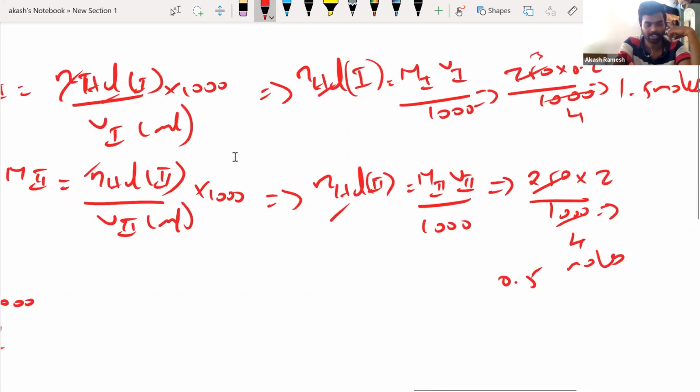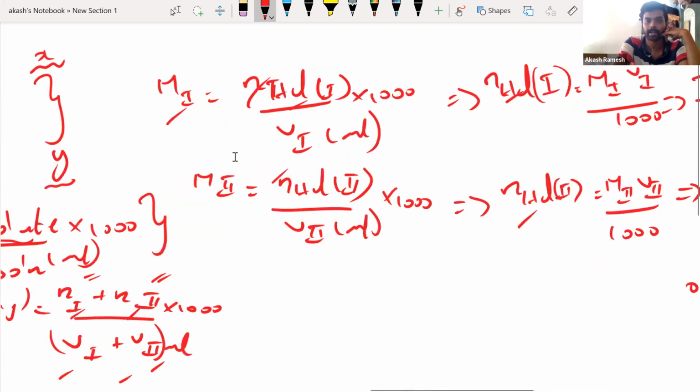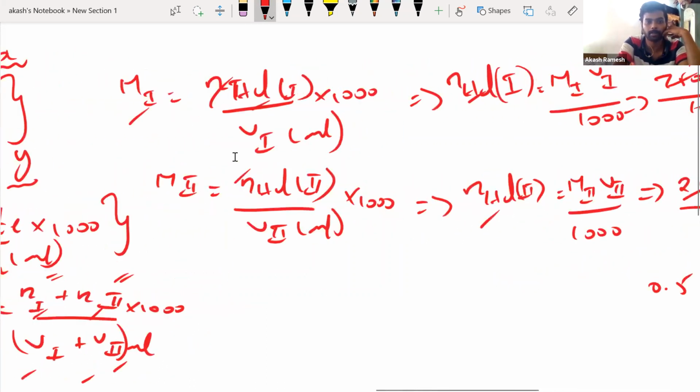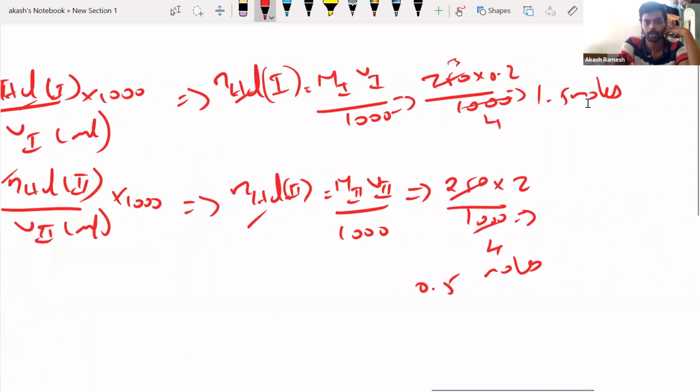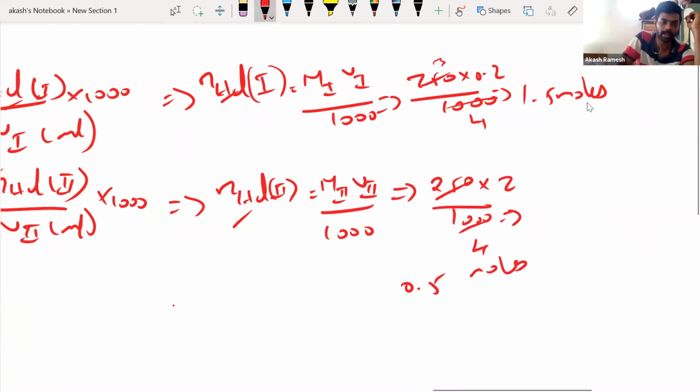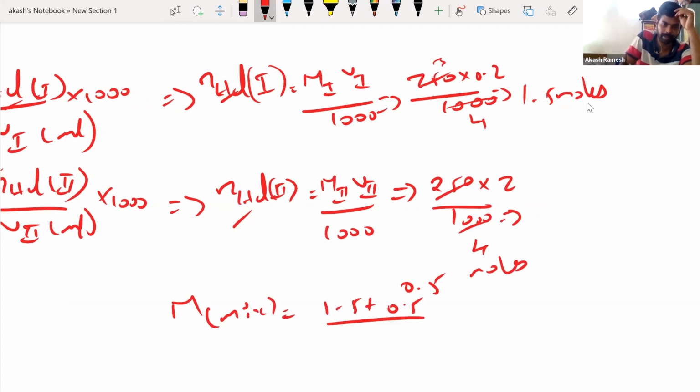Okay, fine. We'll check. So now we calculated the number of moles of HCl in 1 and in 2 as 1.5 and 0.5. So if I calculate the molarity of mixing, that would be 1.5 plus 0.5 divided by 1000 into 1000. As simple as that, right?